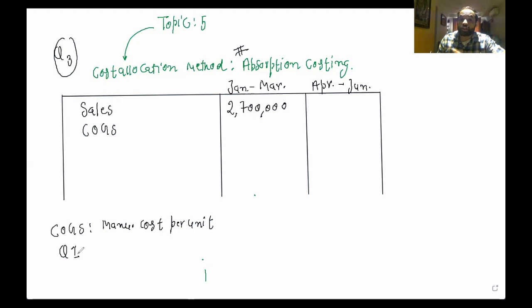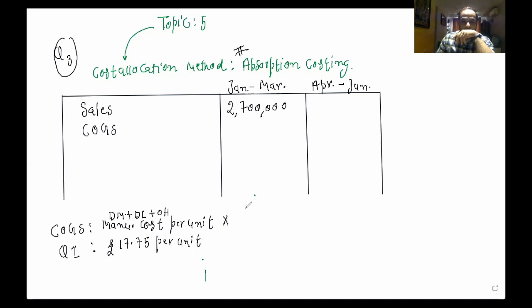Manufacturing cost per unit total. Total means direct material per unit plus direct labor per unit plus total overhead per unit. So how much is total? 17.75. That's right. 17.75 pounds per unit.